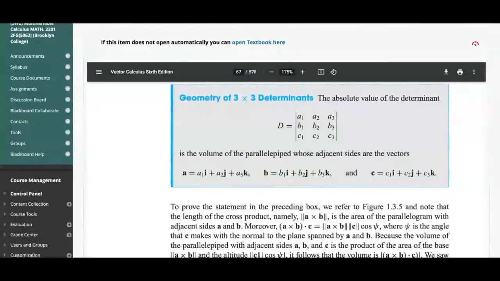So the geometry of a 3 by 3 determinant D is the volume of the parallelepiped, basically the object spanned by the 3 vectors A, B, C. If they're not coplanar or collinear, they will form a 3D object, and the absolute value of the determinant of it is the volume of the 3D object.